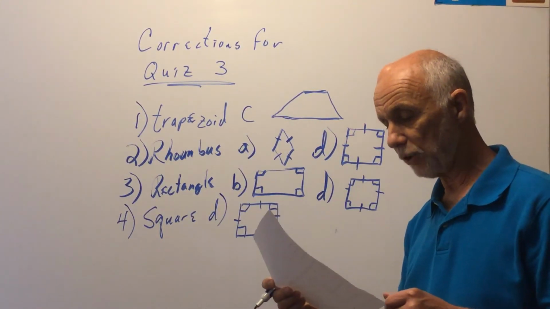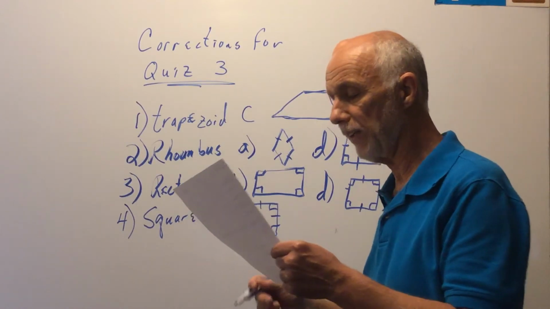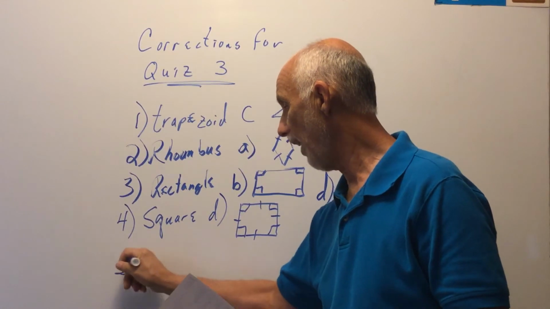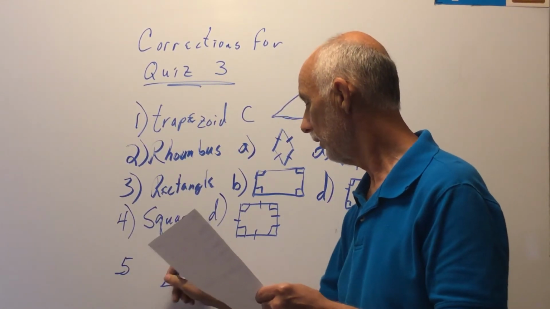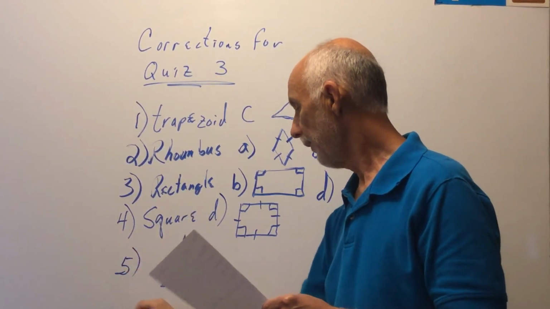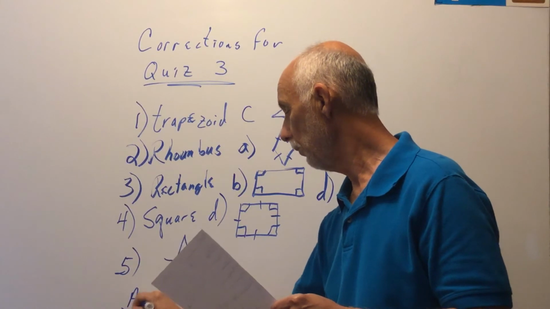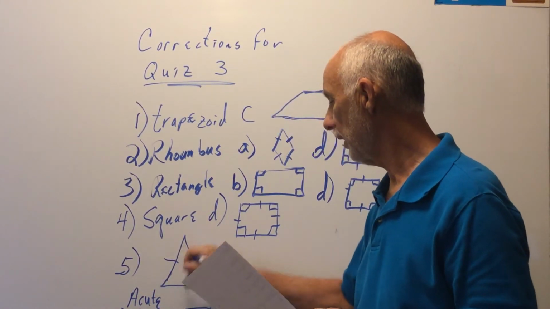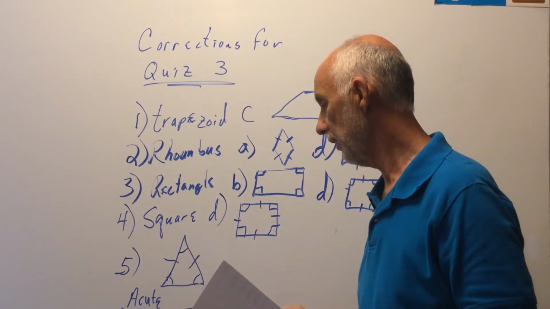Now, the next one, 5 and 6, had 2 answers for each because you had to classify each triangle in 2 ways. So number 5, the triangle looked like this, okay? And again, it was an acute triangle, because all the angles are less than 90 degrees. Less than 90, less than 90, less than 90.